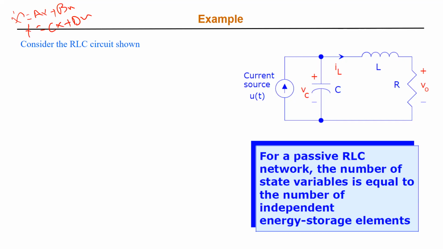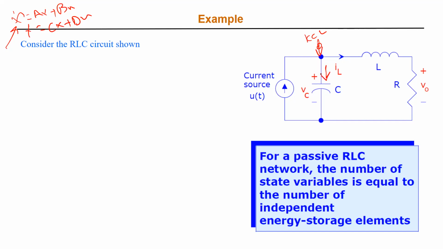So now let me derive this one. Let me use KCL at this node. What's KCL at this node? U of t equals what? What will be the current?